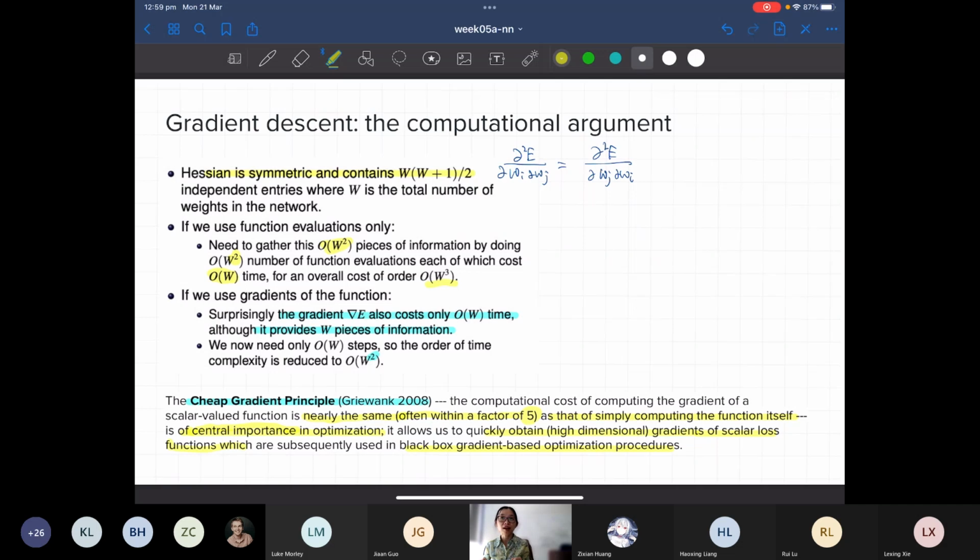For those of you who have taken, say, machine learning or statistical learning in statistics, one differing focus of this class in computer science is that we do touch upon computational aspects, right?